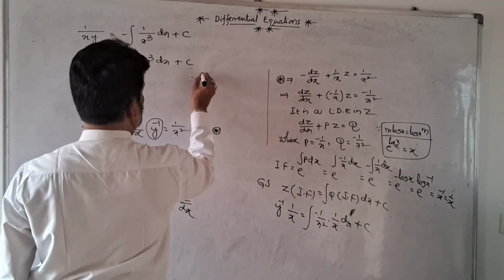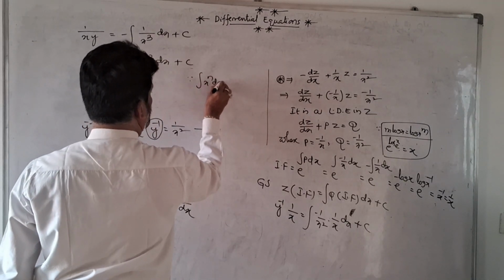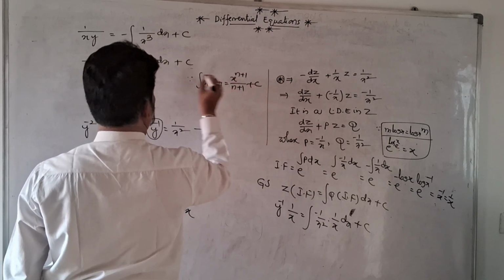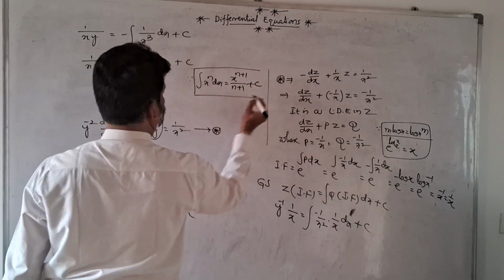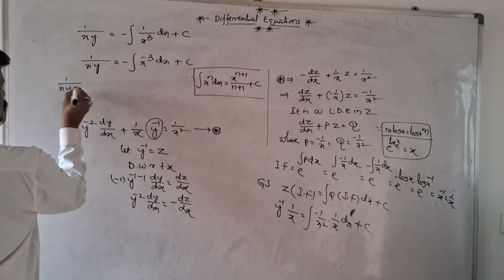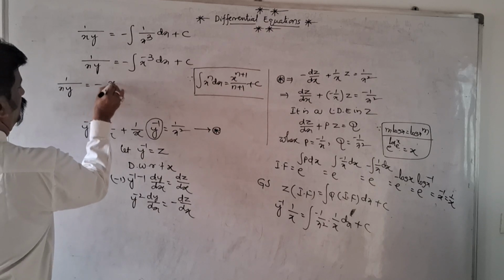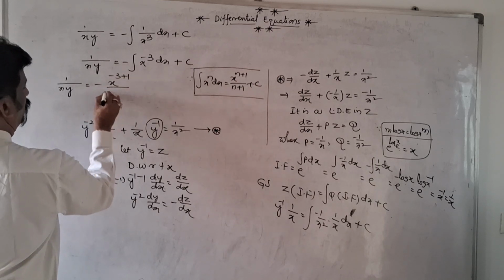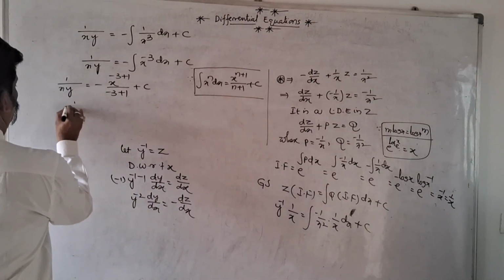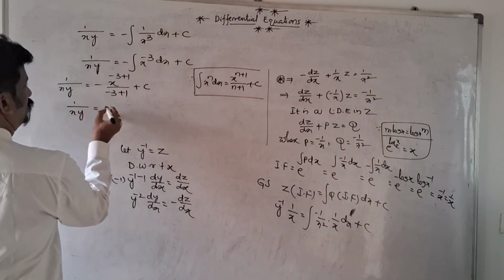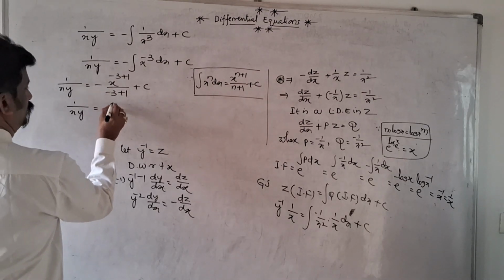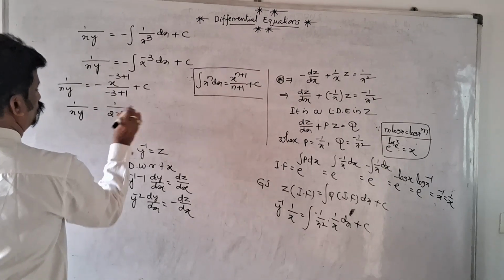Now we have the formula ∫xⁿ dx = x^(n+1)/(n+1) + c. So 1/(xy) = -[x^(-3+1)/(-3+1)] + c. Now the minus and minus cancel, so this is 1/(2x²).